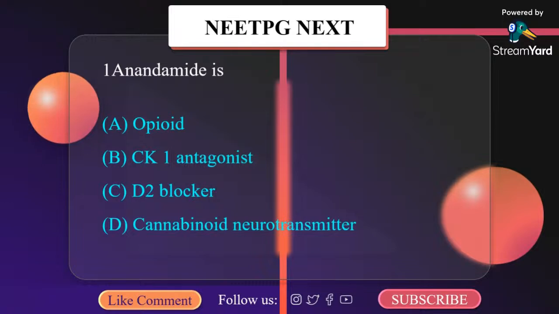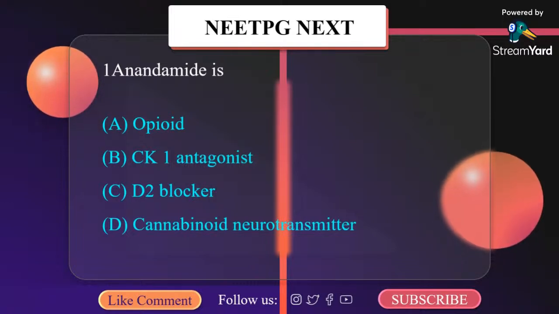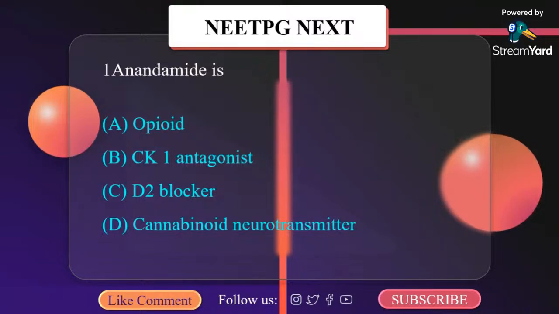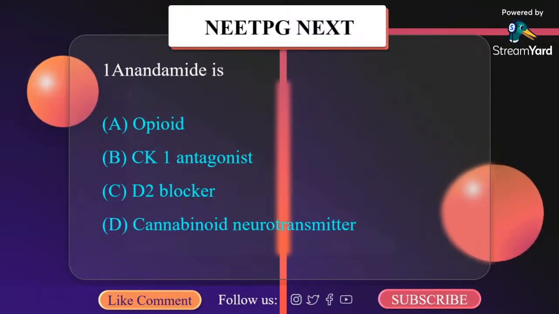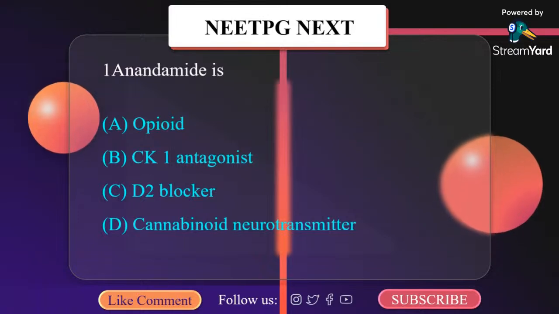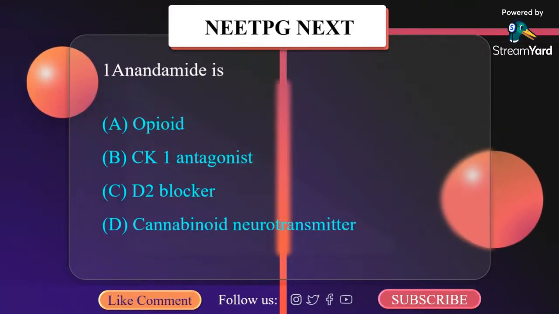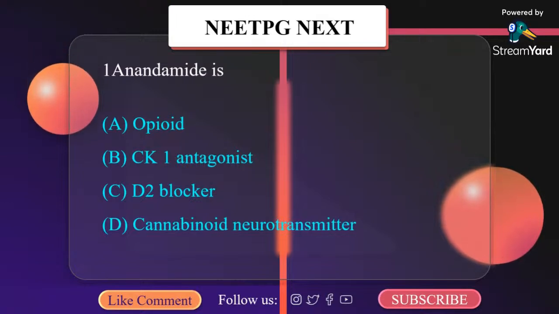The name sounds very fantastic. Anandamide is a cannabinoid neurotransmitter.